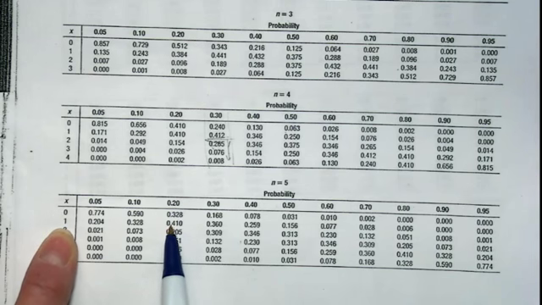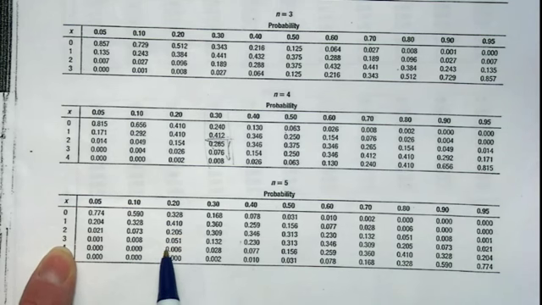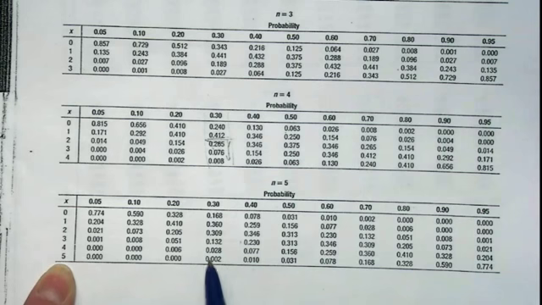Exactly 1 flight, 0.410. Exactly 2 flights being late, 0.205. 3 flights, 0.051. 4 flights, 0.006. And 0.00 chance of 5 flights being late. Okay? You can pull those percents right off of your table rather than using the binomial formula.